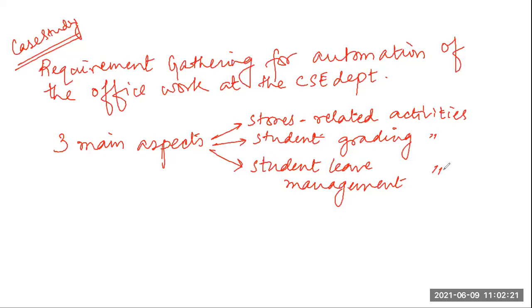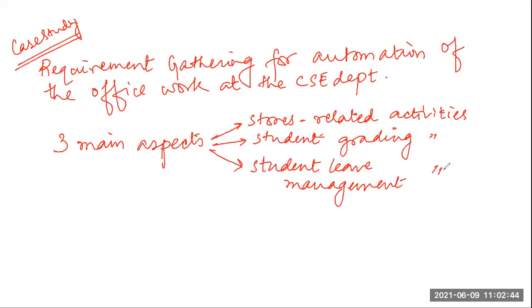And when I submit a leave form or send a mail to the HOD, that should also be updated. The HOD or the teachers may want other things from the leave management feature, right? So the analyst needs to talk with the different categories of users.